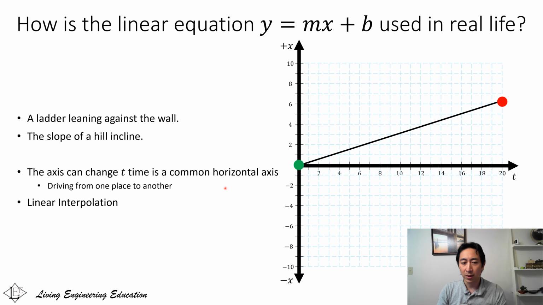Now, in addition, you might use it for linear interpolation, and we'll do a whole other set of videos for each of these different cases. Linear interpolation is used a lot in a thermodynamics course, where you have a lot of tables of material properties or gas properties. So linear interpolation is used if you have a table that represents the relationship between temperature and some thermodynamic property.